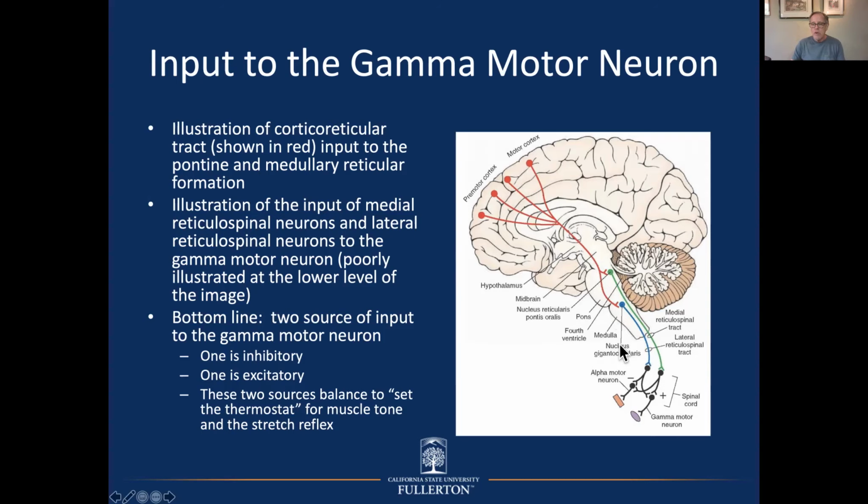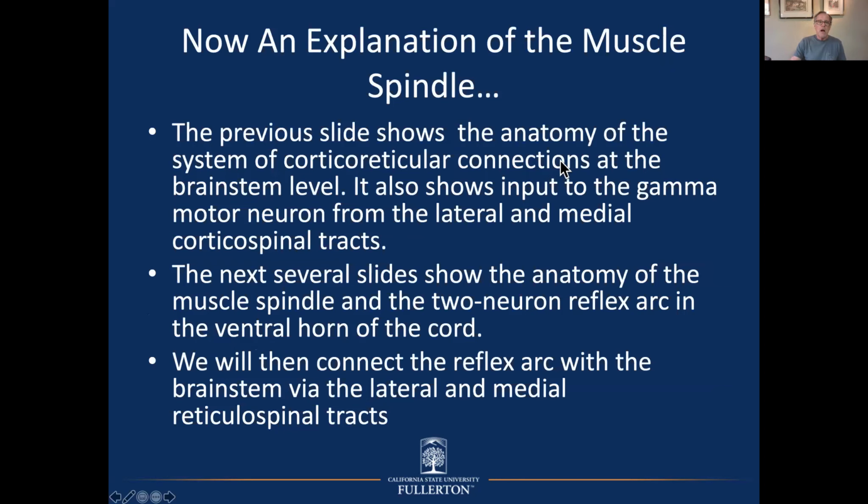Now we're going to turn our attention down to here, to what's going on here. All right. So the previous slide shows the anatomy of the system of the cortical reticular connections at the brainstem level. It also shows the input to the gamma motor neuron from the lateral and medial reticulospinal tracts.